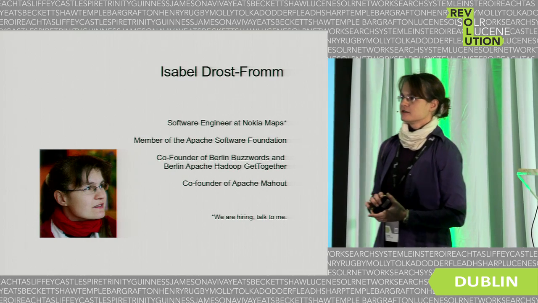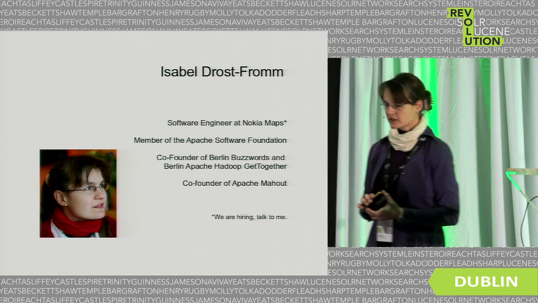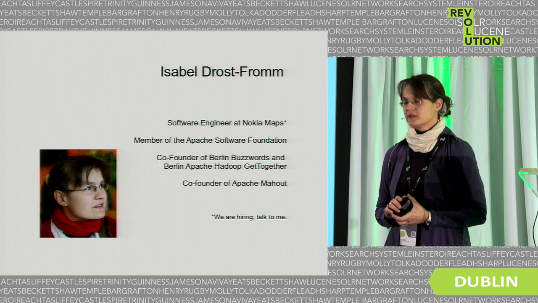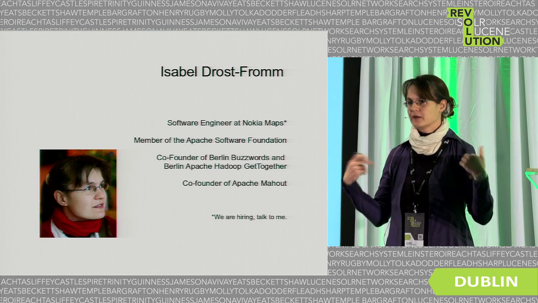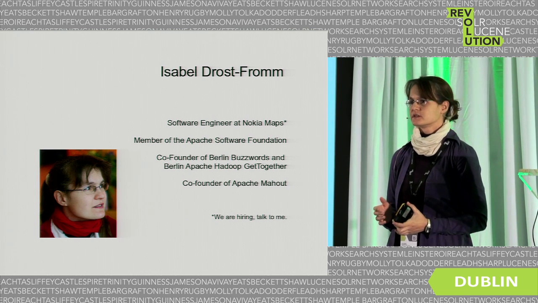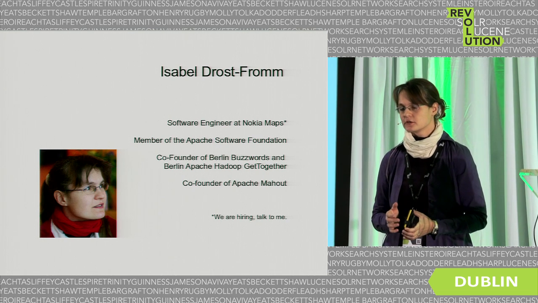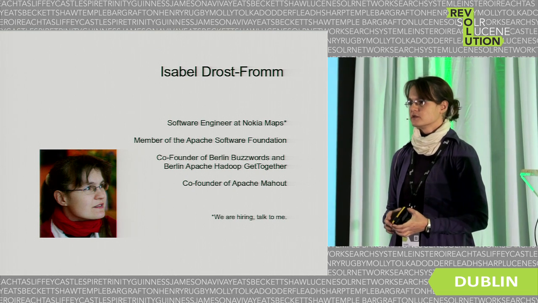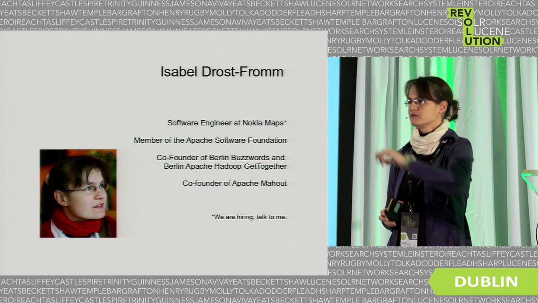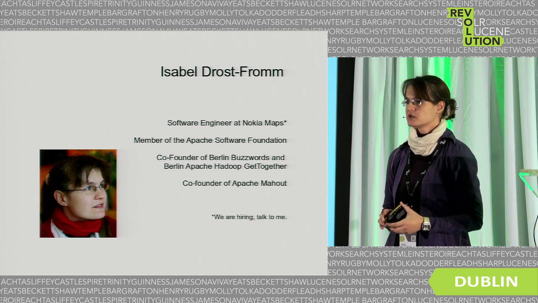So who am I to tell you something about classification with Mahout? I'm a software engineer at Nokia Maps. I'm personally located in Berlin in Germany, but there are also offices in Boston and in Chicago. What we do is mostly search on maps. Say, given a category, give me the most interesting POIs in a certain region.